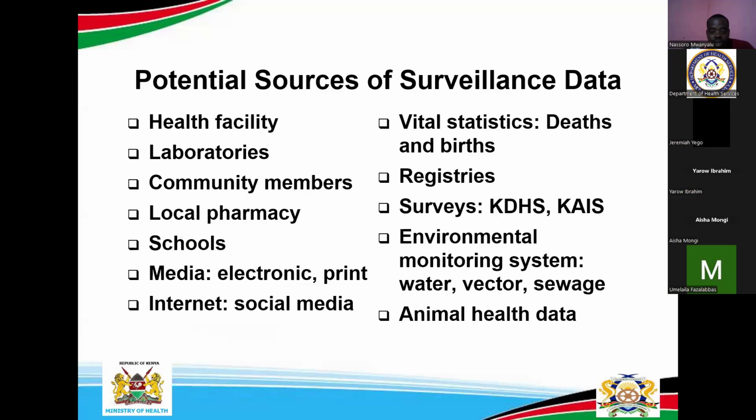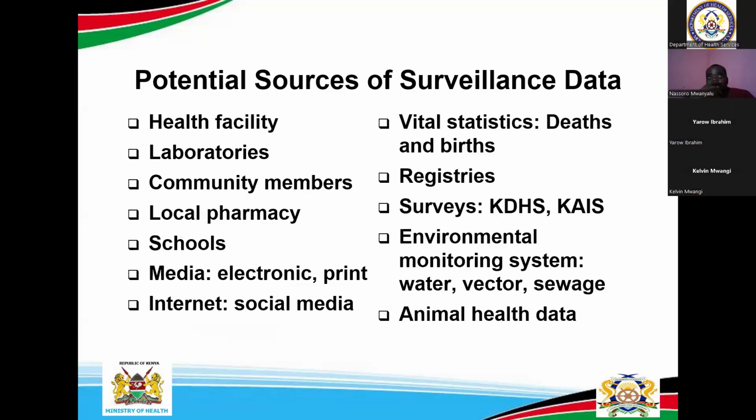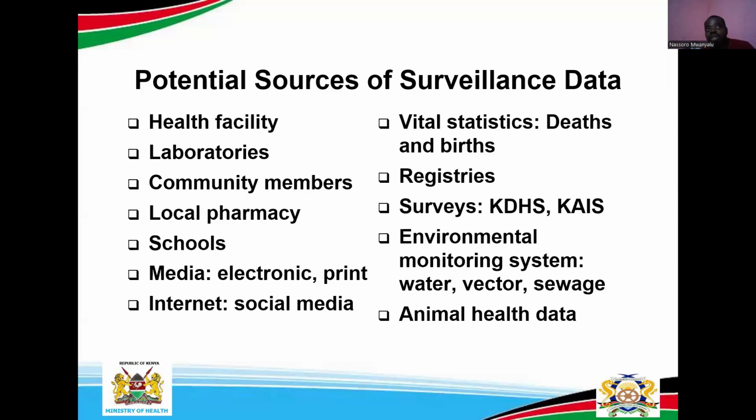So media can also be a source of surveillance. There was an incident whereby a certain media talked of an increase in mortality for camels, I think. It was reported in the media. After it has been reported, as a surveillance officer, you need to go to the ground and understand what causes these mortalities.